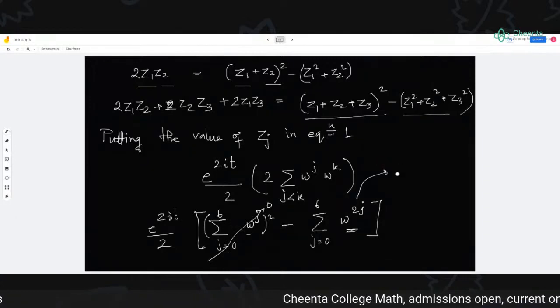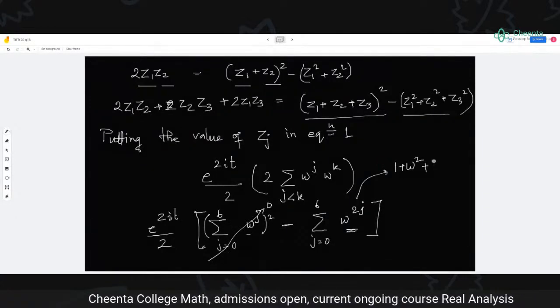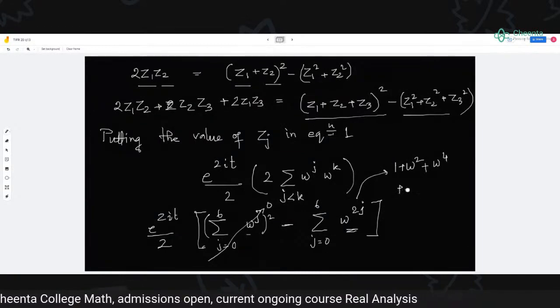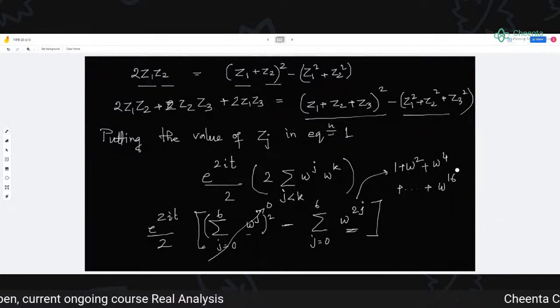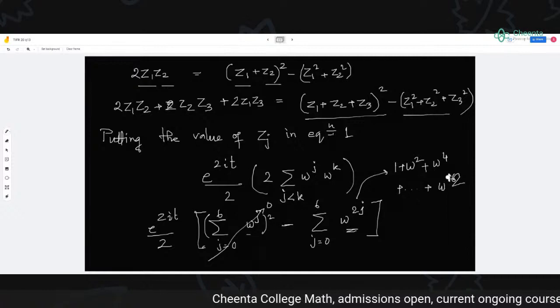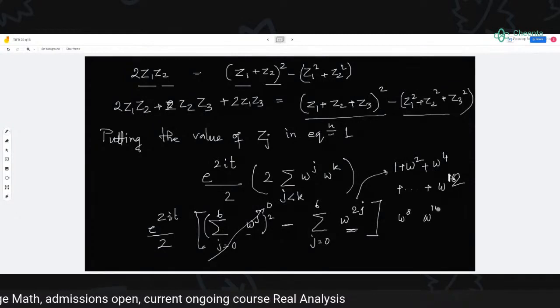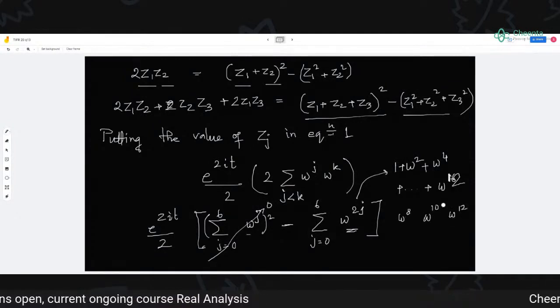This is nothing but 1 plus omega square plus omega to the power 4 plus dot dot dot plus omega to the power 12, right? After omega to the power 6, you will have omega to the power 8, omega to the power 10, omega to the power 12. This is how it pans out.